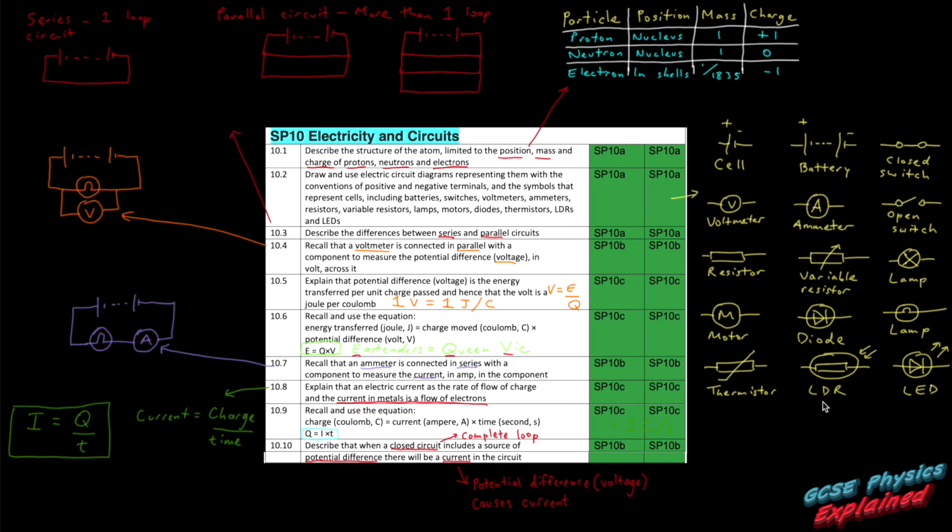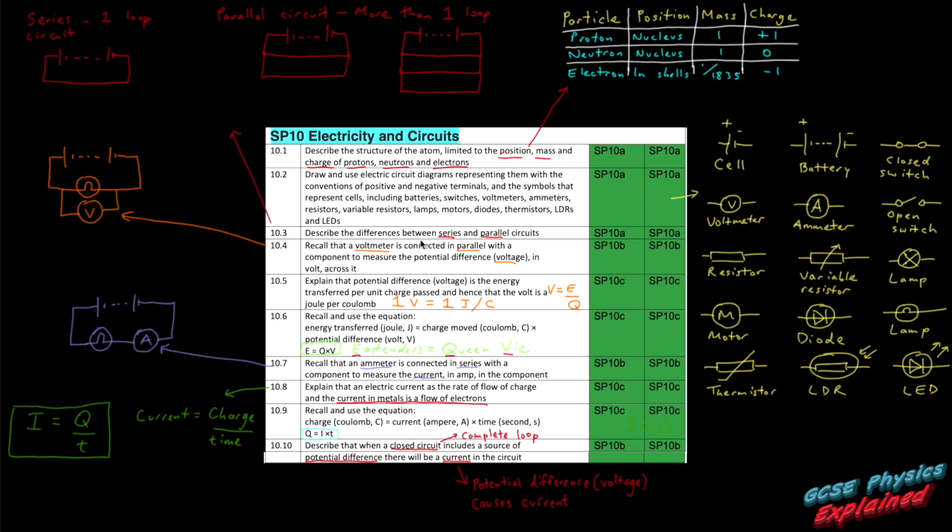An LDR is a light dependent resistor, so that's a resistor in a big circle to keep it dry because it goes on top of lampposts. And here's the sun shining down on it. And an LED is a light emitting diode, so it's a diode D-I-O that gives off light.